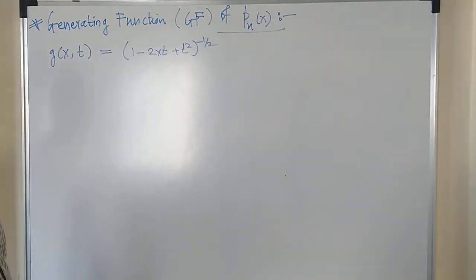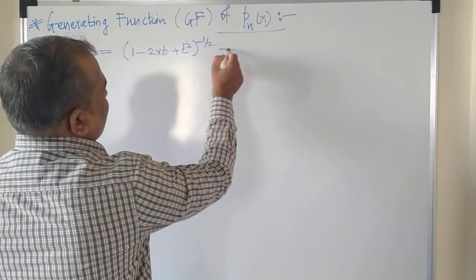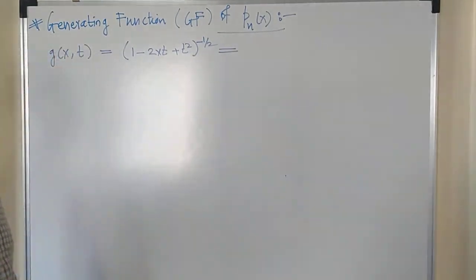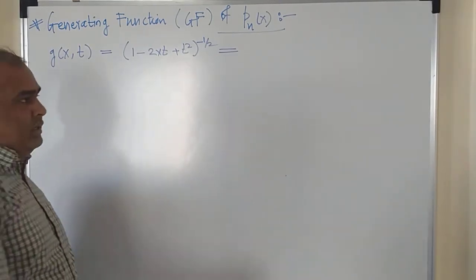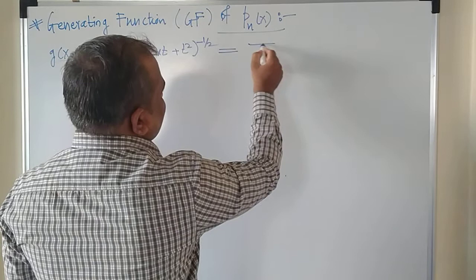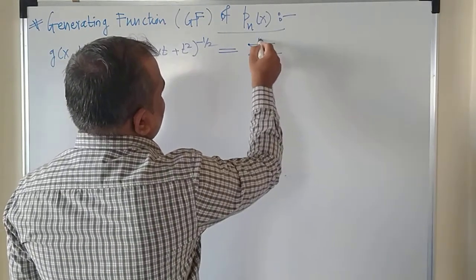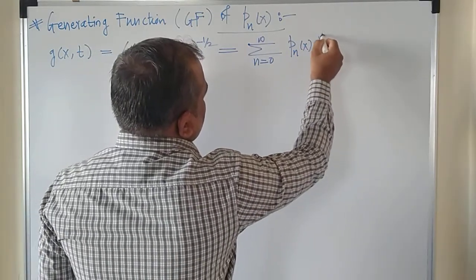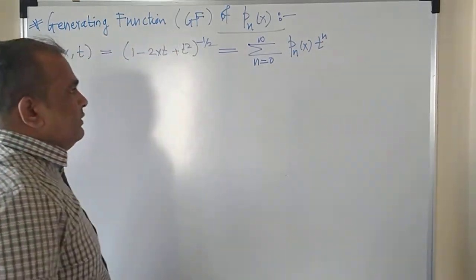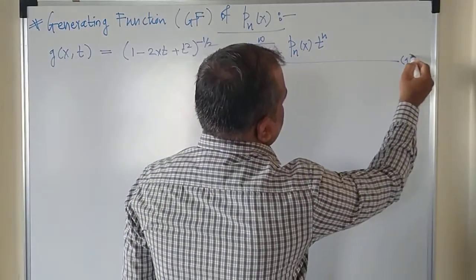Of course this is the generating function for the Legendre polynomial, and hence it is written as summation n running from 0 to infinity Pn of x into t raised to n. Let us say this is our equation number 1.